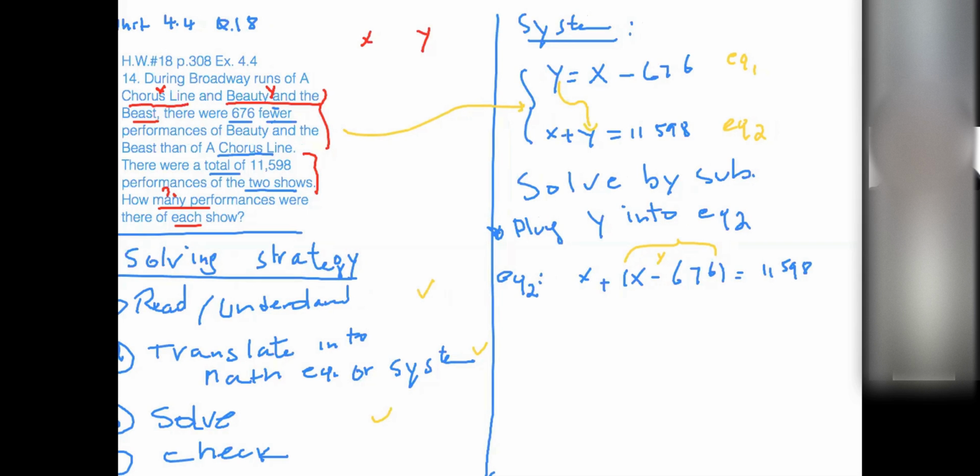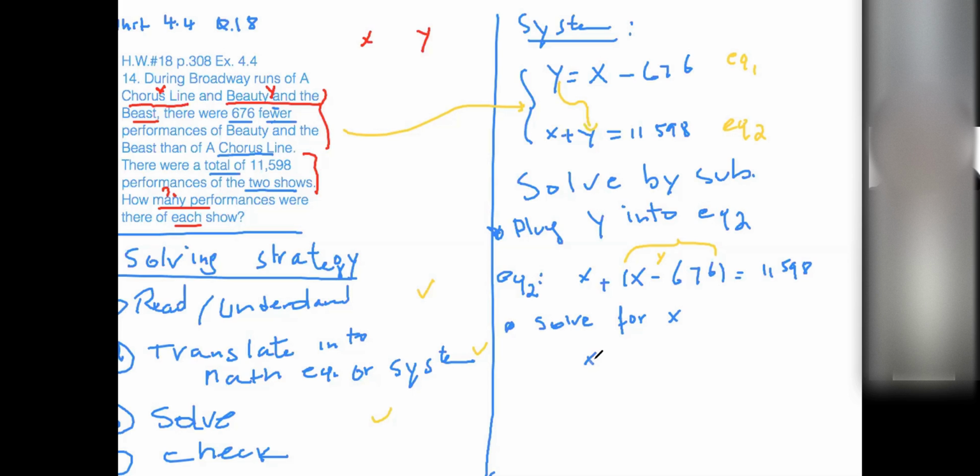And I'm just going to need to solve this for the variable that's here, which is x. So solve for x. What's the first thing you do to simplify this? Remove parentheses. Okay, so the parentheses are irrelevant.